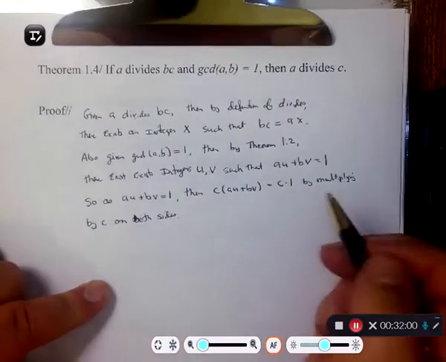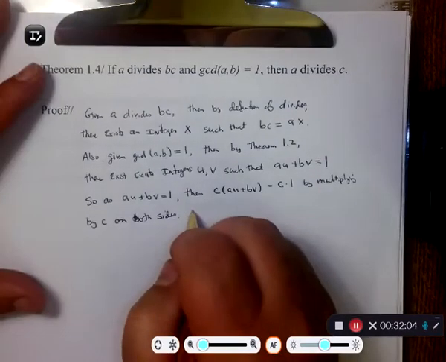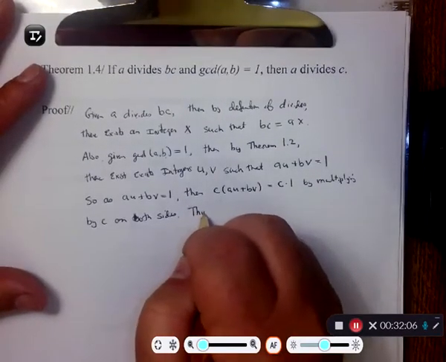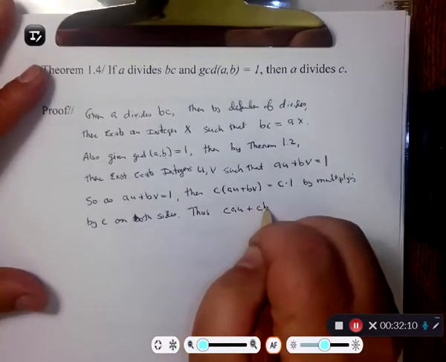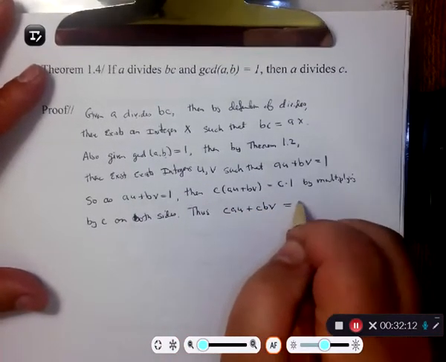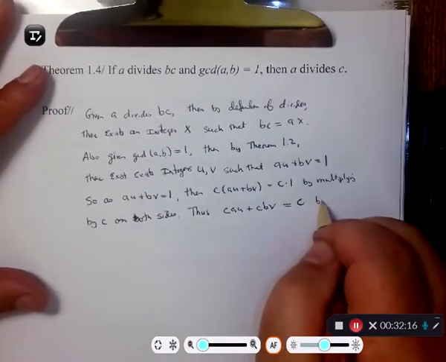State what you did in the proof: I took that equation and multiplied by C on both sides. Thus is a great linking word. Let's work some algebra here. CAU plus CBV is equal to C times 1, and C times 1 is just C, by algebra.